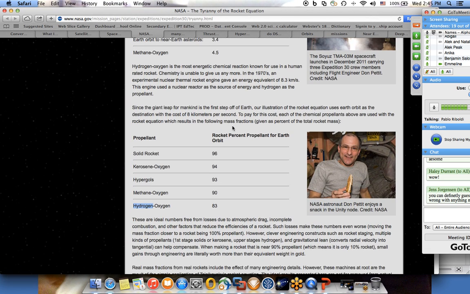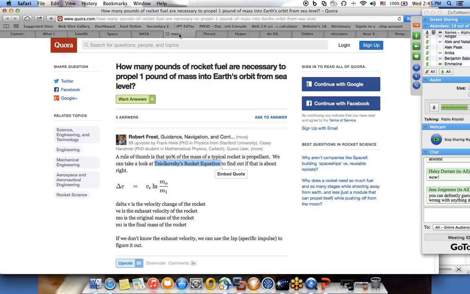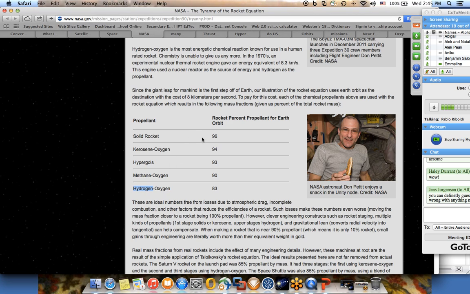So Petit basically keeps using this equation, okay, the Tsiolkovsky rocket equation, to tell us, depending on the type of propellant that we need, what is the percent of propellant that we need for the rocket. Okay, so if you are using kerosene and oxygen, 94% of your rocket has to be, at the beginning, when you are going to launch, propellant.